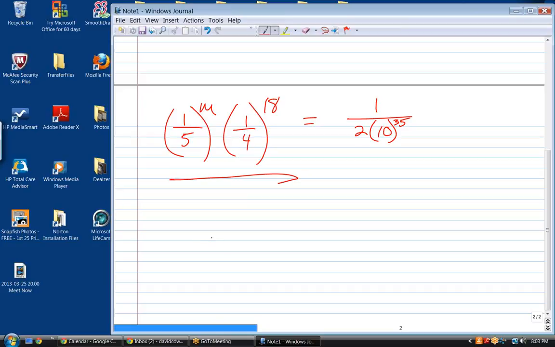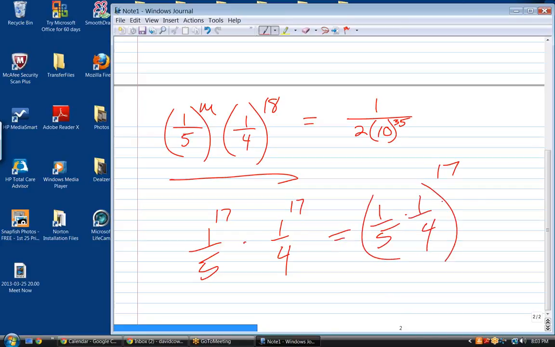If I had 1/4 times 1/4, and this was to the 16th, and this was to the 11th, it would be 1/4 to the 27th. If I had 1/5 times 1/4, and this was to the 17th, and this was to the 17th, then that's the same as 1/5 times 1/4 to the 17th.